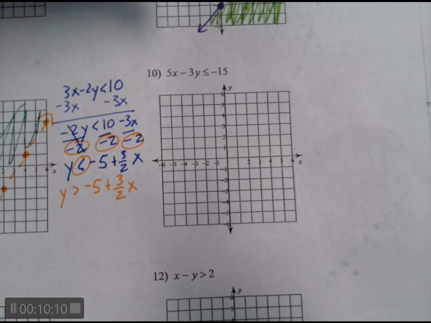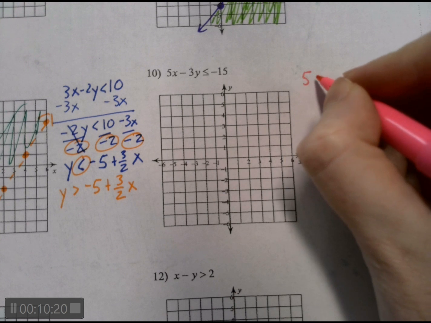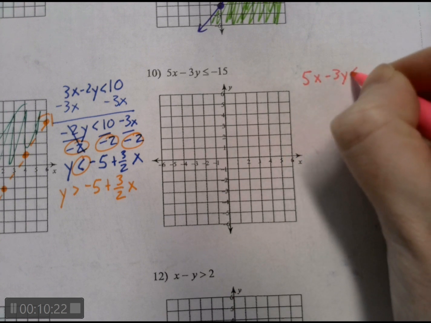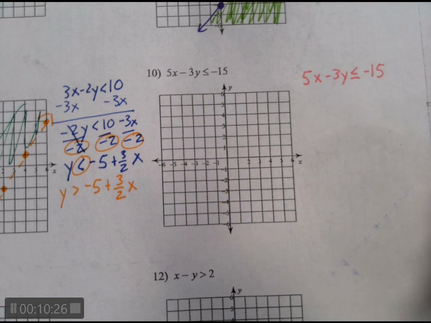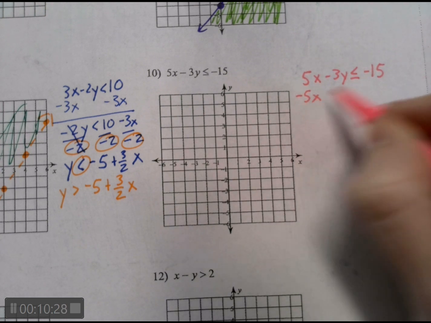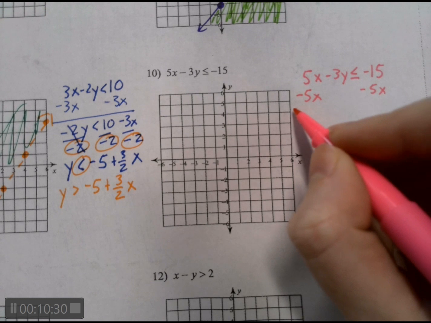Alrighty, 10. It is not in y-intercept form, so we have to put it there. So 5x minus 3y is less than or equal to negative 15. So subtract 5x from both sides.